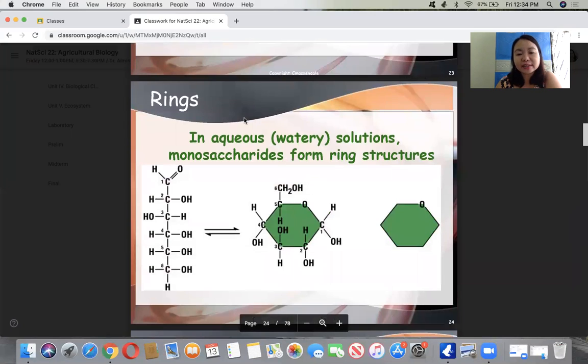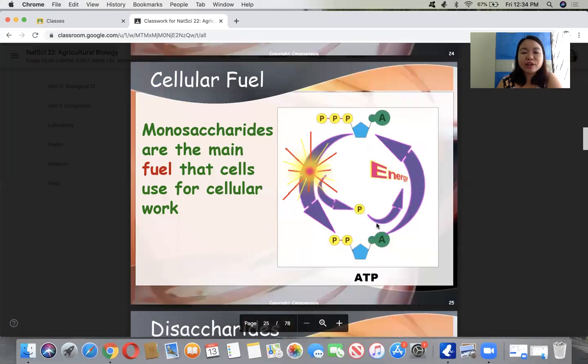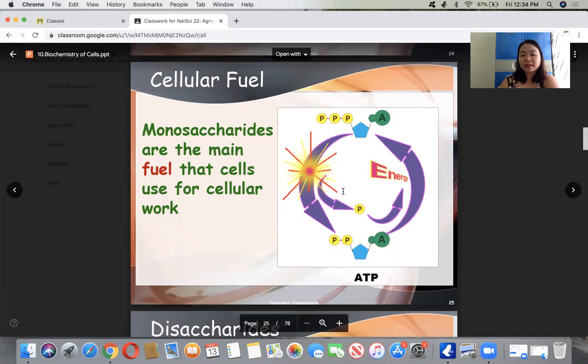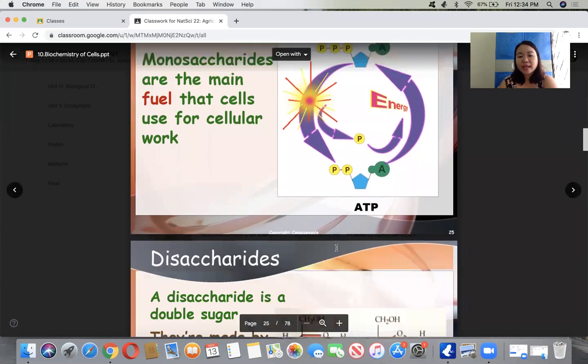So what are rings? In an aqueous, watery solution, monosaccharides form ring structures, like this. As cellular fuel, monosaccharides are the main fuel that cells use for cellular work. So we use carbohydrates, mainly monosaccharides, for the production of ATP.